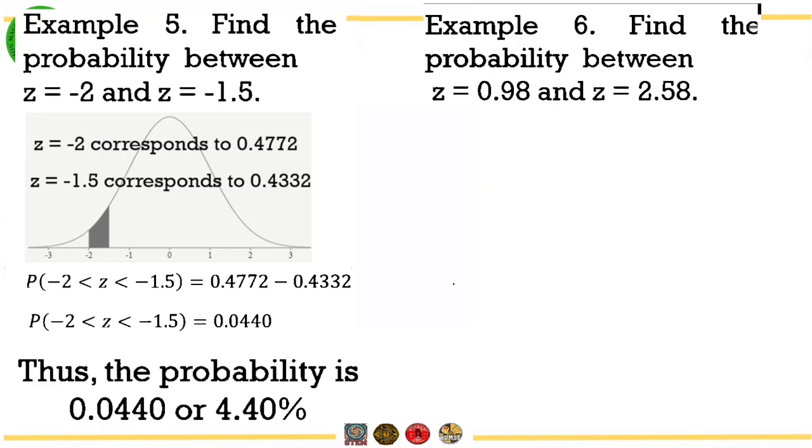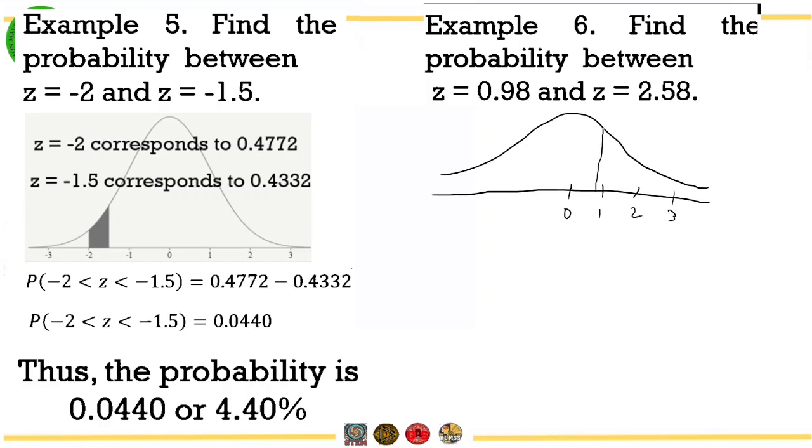So again, we will illustrate. 0.98 is almost 1, right? So this is 0.98. And 2.58 is between 2 and 3, so more or less here. So this is the area. Again, we will get the z.